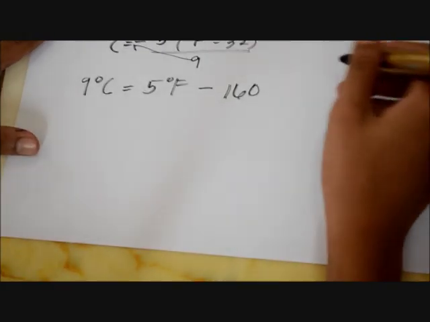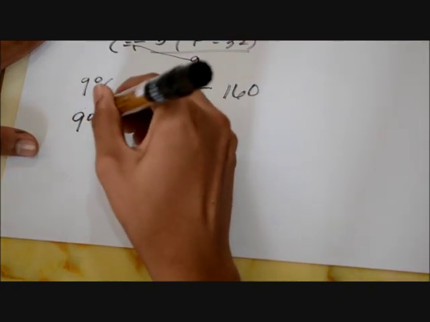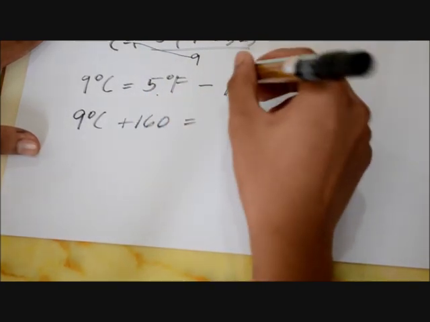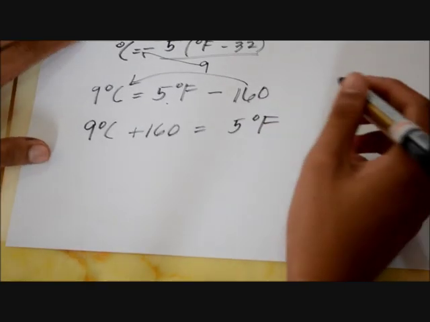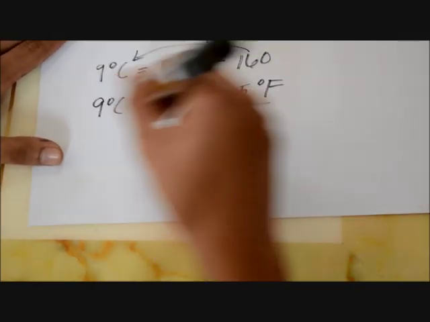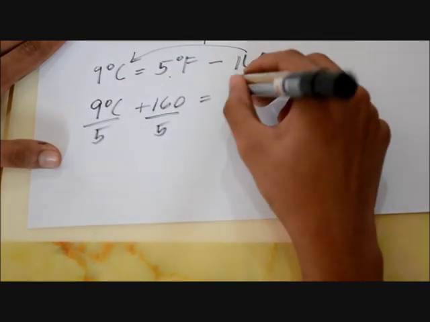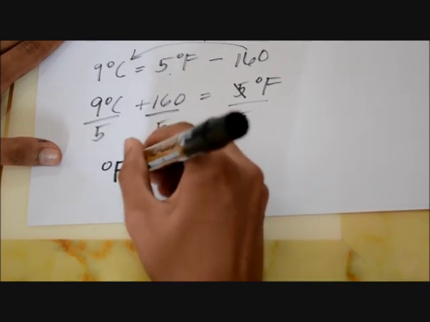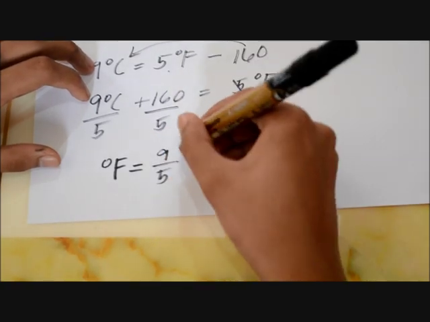Still, we don't have the value of degrees Fahrenheit, so we are going to divide both sides by 5, canceling 5 degrees Fahrenheit, leaving degrees Fahrenheit alone. So our equation or formula would now be degrees Fahrenheit is equal to 9/5 degrees Celsius plus 32.